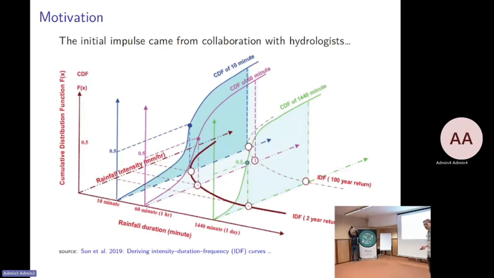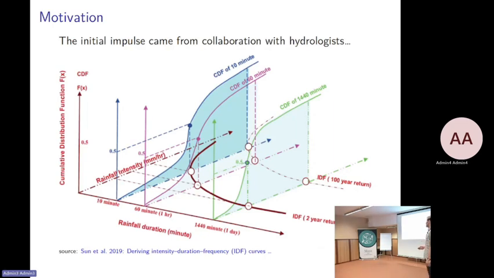Motivation came from the collaboration with hydrologists. They always wanted some probabilities and quantile level sets. So how can they justify their decision when finding, for example, dams, analyzing floods?